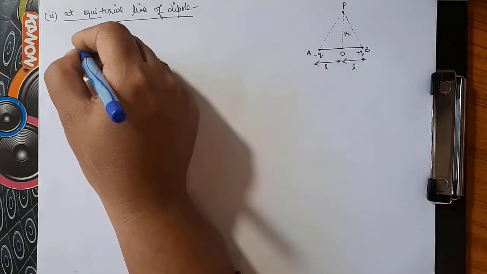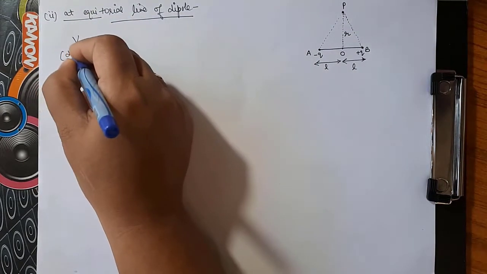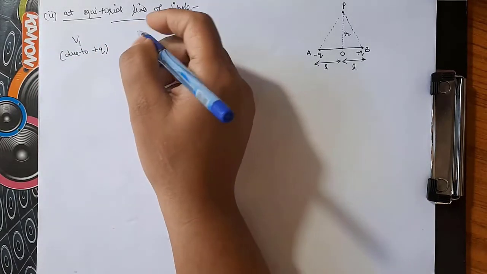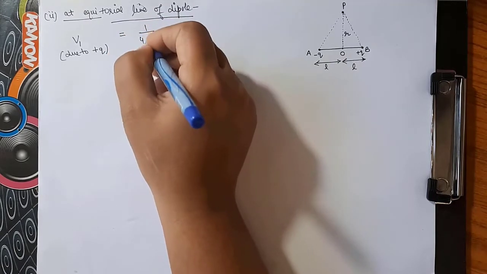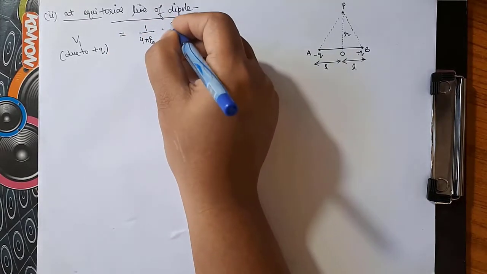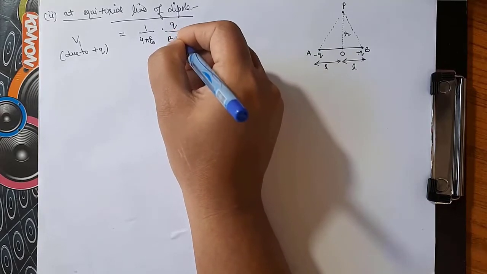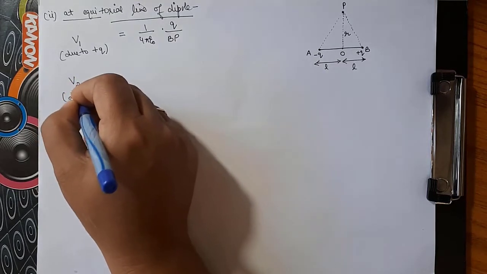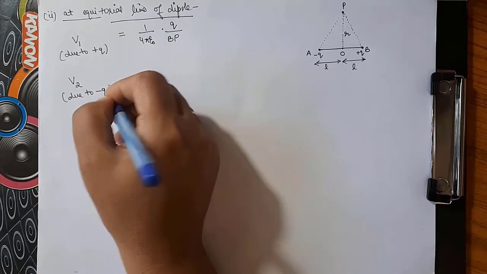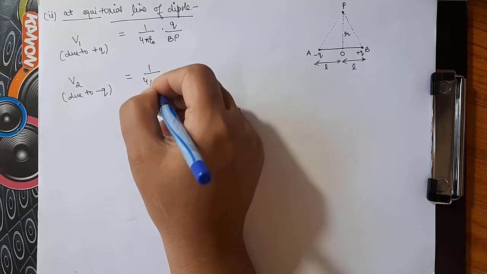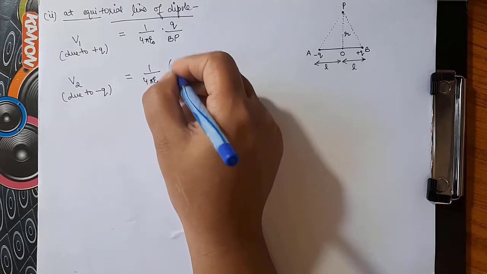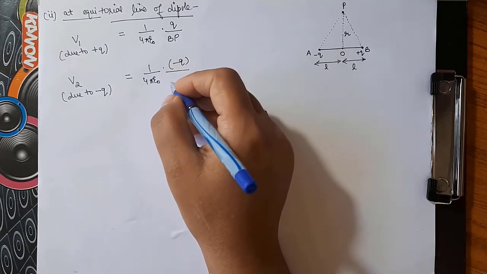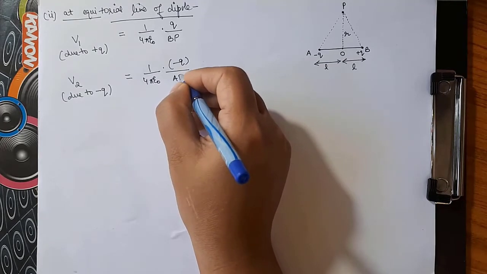Now the potential due to charge plus q which is placed at B is 1 upon 4 pi epsilon naught q upon the distance, here it is BP, and the potential due to charge minus q will be represented by 1 upon 4 pi epsilon naught minus q upon the distance, here the distance is AP.